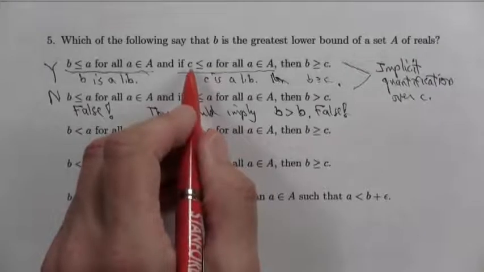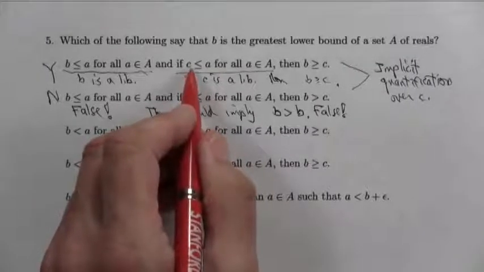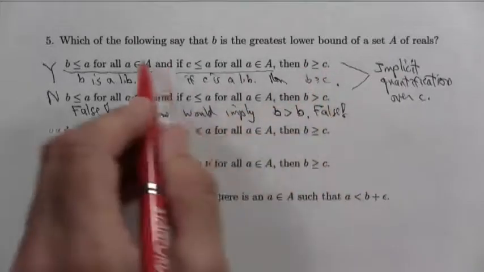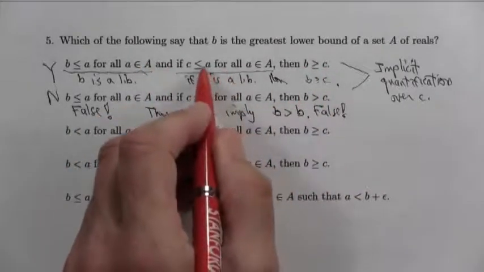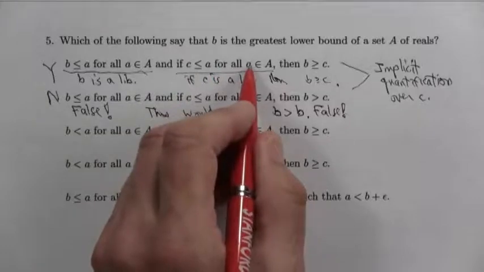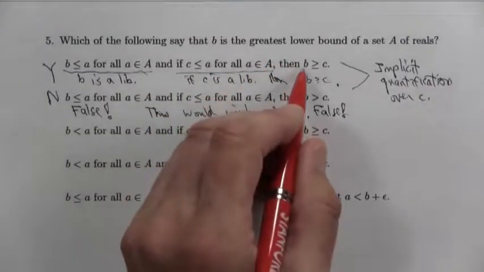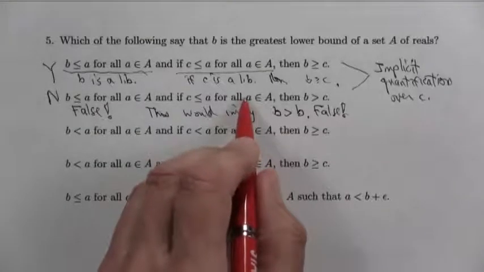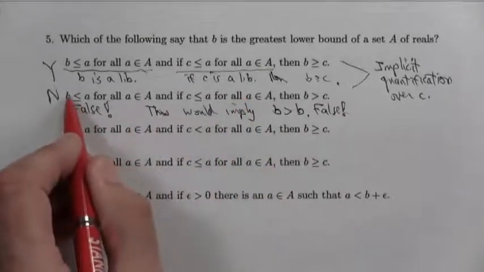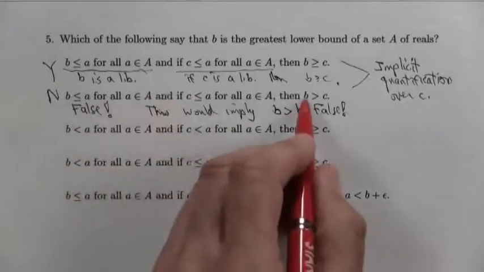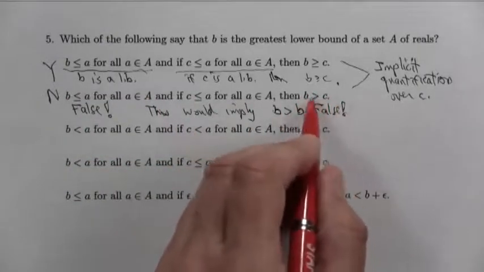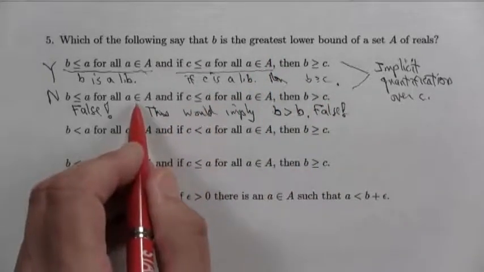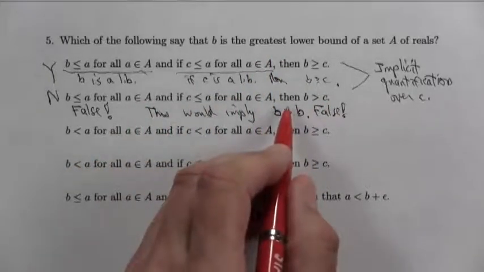This says for all C less than or equal to A, for all lower bounds C, B is at least as big as C. In the first case, because it was talking about for all lower bounds, it actually captured greatest lower bound for B. In this case, because it's talking about for all lower bounds, it includes the original lower bound B, and that would mean that it has to be bigger than itself. So not only does this not capture that it's a greatest lower bound, it actually is just plain false.